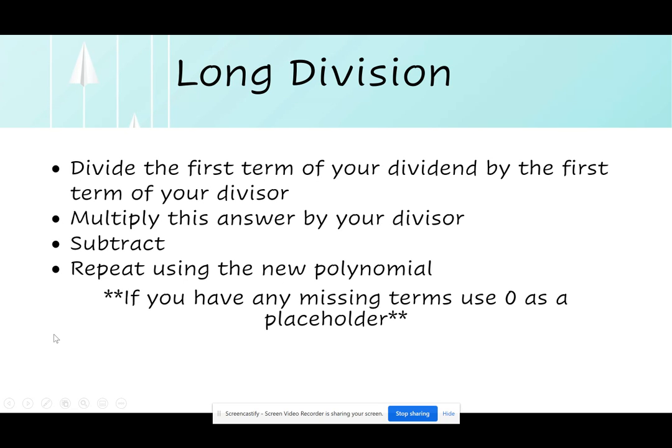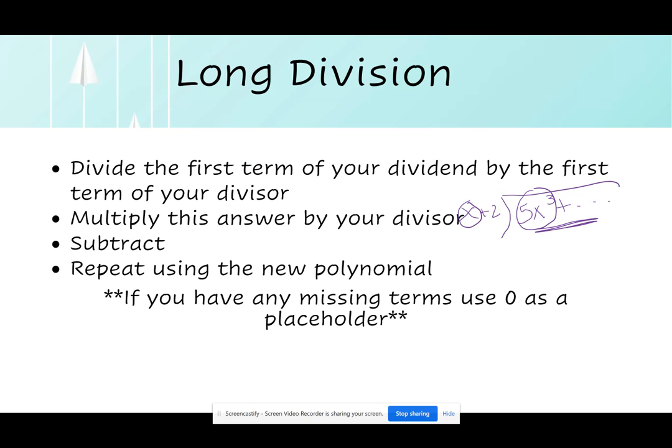So when we are using long division, we're going to divide the first term of our dividend, which is the polynomial that's going to be inside here. So let's say it's like 5x cubed plus blah, blah, blah. We're going to divide this by the first term of, like, x plus 2.